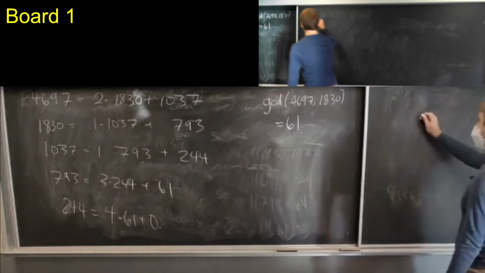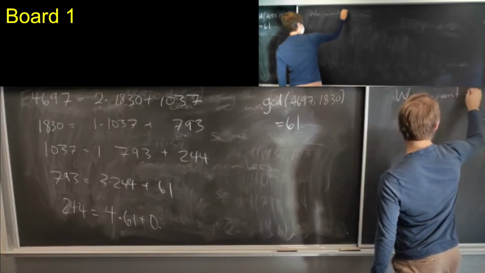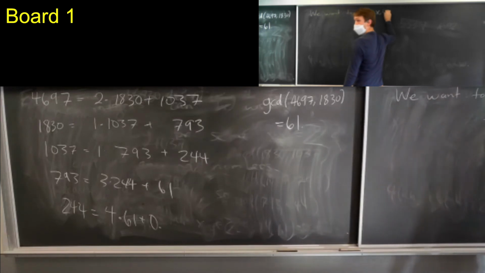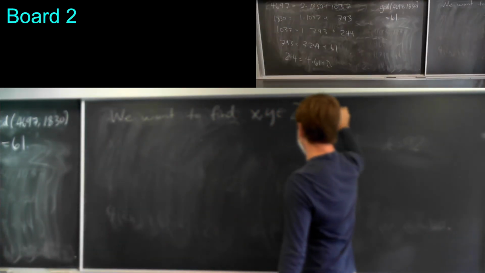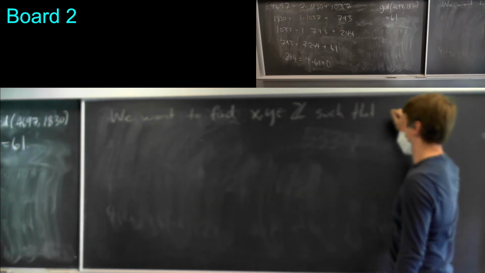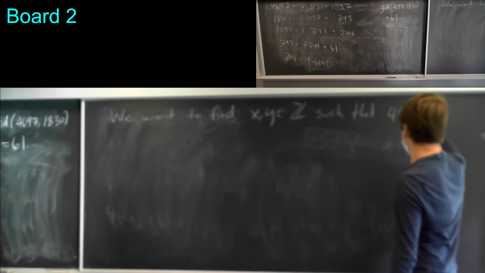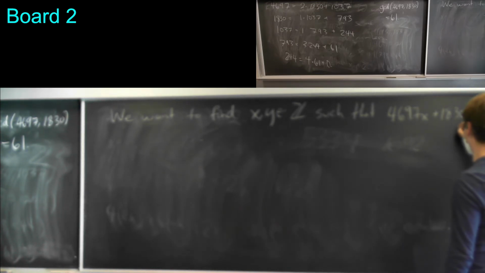So we want to find x and y such that 4697x plus 1830y is equal to 61.